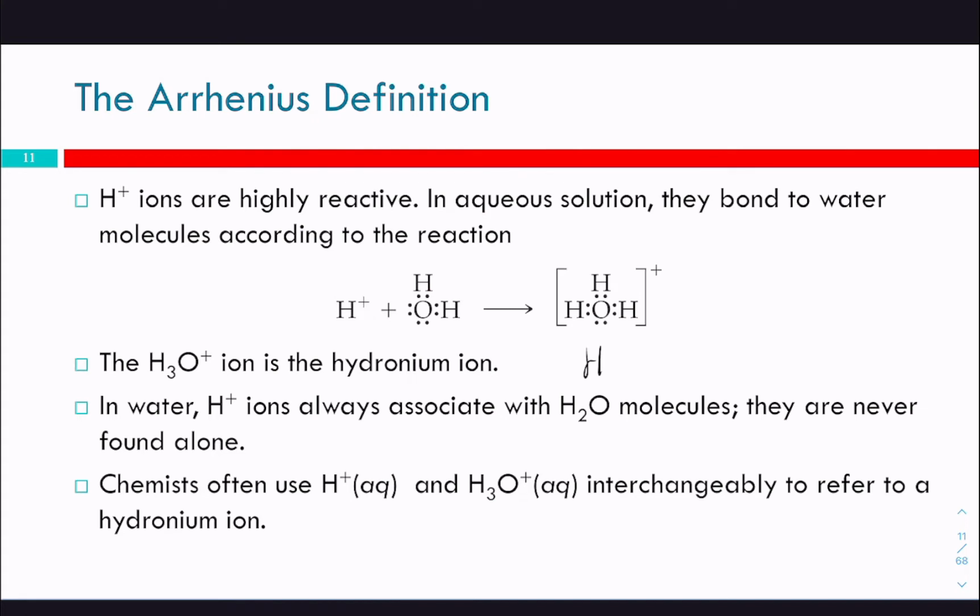That's hydronium. While this is the reality, they get used interchangeably. So you'll see H plus and H3O plus, they both mean the same thing, that there's a proton in the solution.